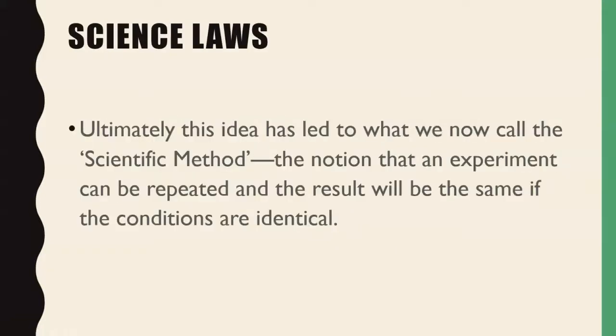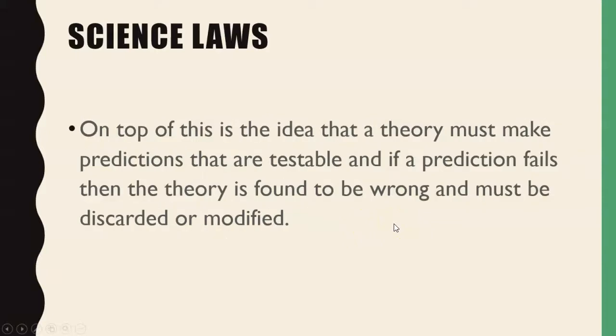Ultimately, this idea has led to what we now call the scientific method, the notion that an experiment can be repeated and the result will be the same if the conditions are identical because of scientific laws, because there's an order to the universe, and that universe has been put into motion by the Creator God. On top of this idea is that a theory must make predictions and they're testable, and if a prediction fails, the theory is found to be wrong and must be discarded or modified.